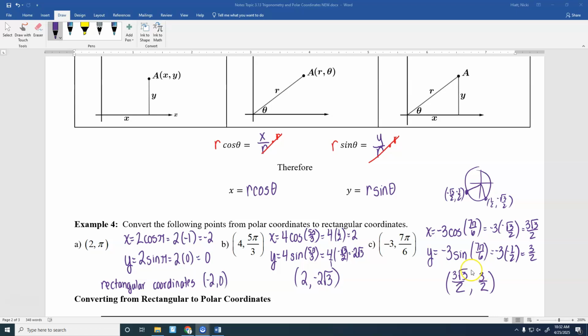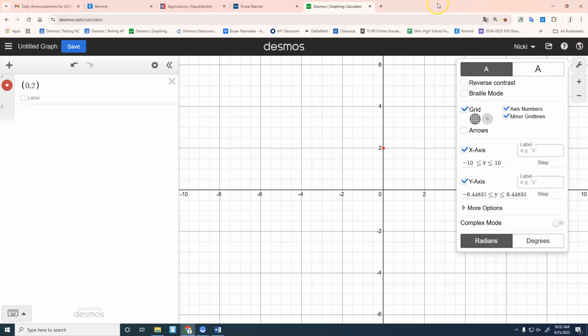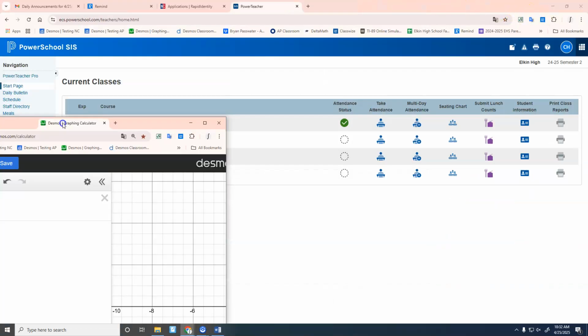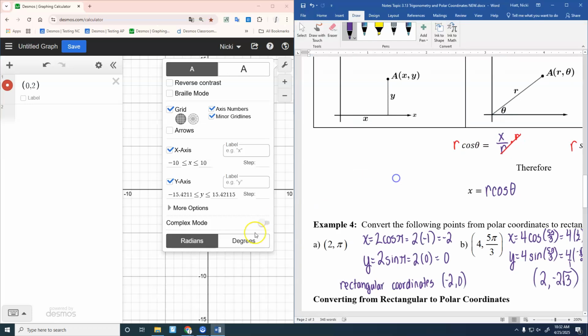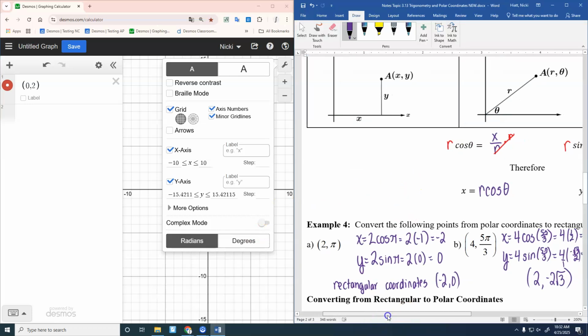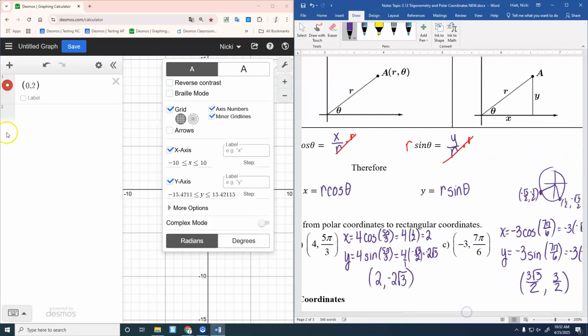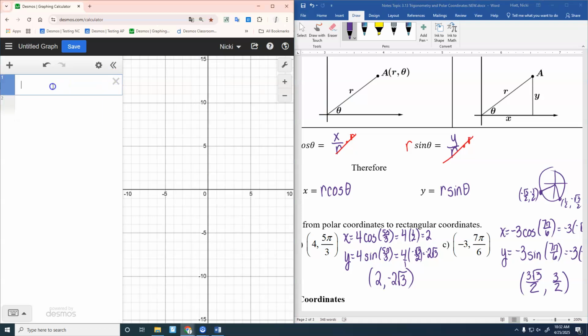And let's look at this on Desmos so we can see what's going on here. Desmos will not graph polar coordinates, or it won't graph them correctly. It'll put a dot there, but it'll be wrong. But it will graph 2, -2 square root of 3.